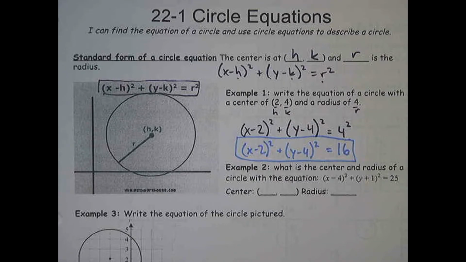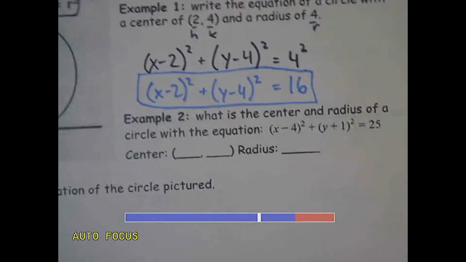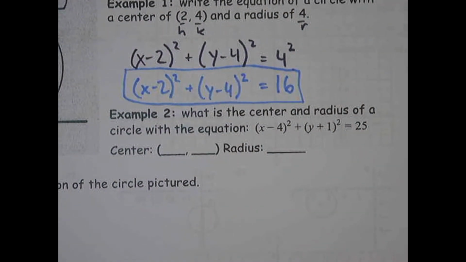Another thing we can do is go backwards from that. We can find the center and the radius of a circle if we know the circle's equation. So let's zoom in a little bit here. Our equation for this circle is (x minus 4) squared plus (y plus 1) squared equals 25.